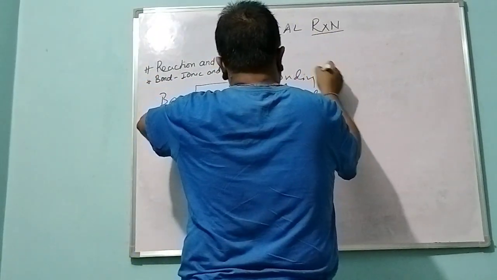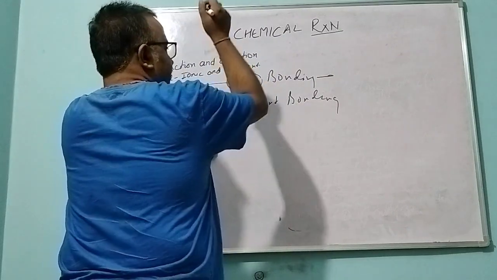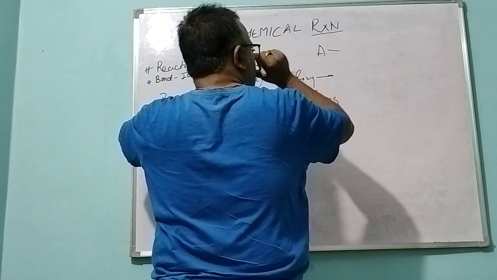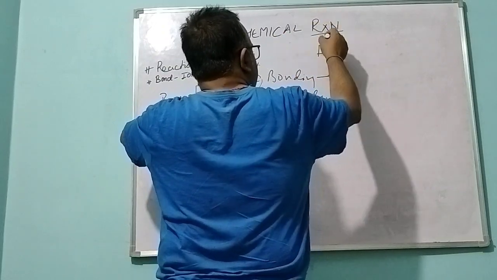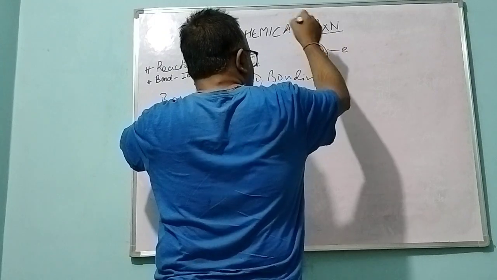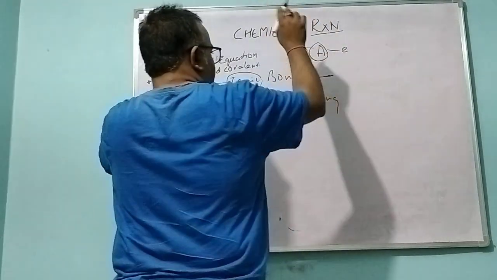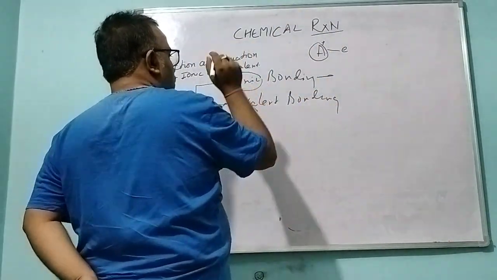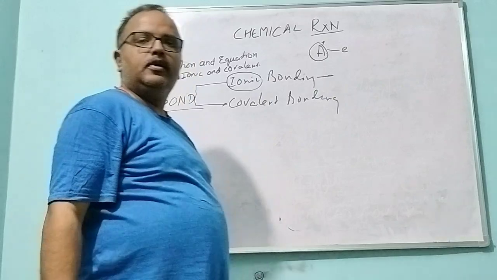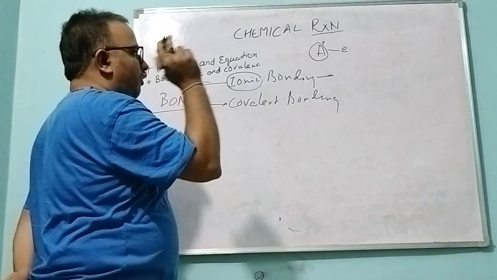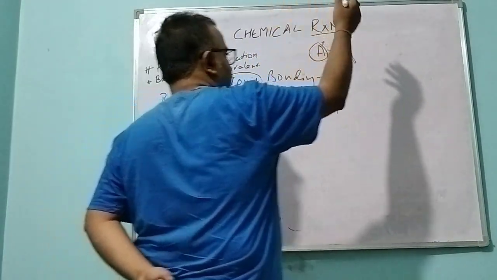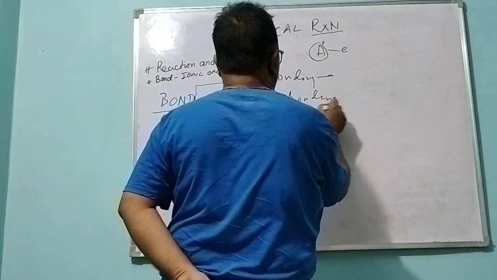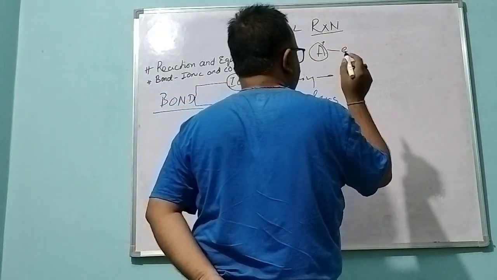Ionic bonding should be clear by this term ionic, because if any element A loses or donates one electron, then this A becomes ionic in nature because it becomes positively charged. So ionic bonds are those kind of bonds which are formed due to the donation of electron from element A to element B or from element A to element C. However, covalent bonding is formed by sharing of electrons between two groups.